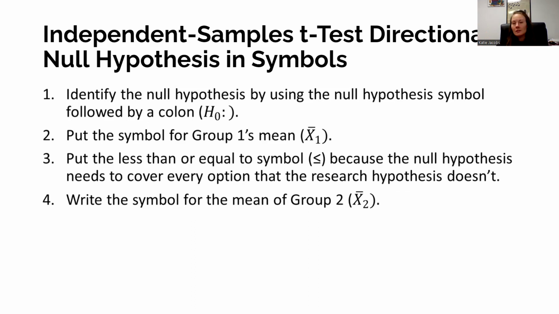Then we'll put a colon to let people know that this is what our null hypothesis is. Remember, we're going to keep our groups in the same order. This is really important, especially when writing our directional hypotheses. Okay, so we'll put X bar sub 1. And then because this needs to cover everything our research hypothesis didn't cover, we'd put the less than or equal to symbol. And then we finish it up by putting the symbol for the mean of group 2, which is X bar sub 2.